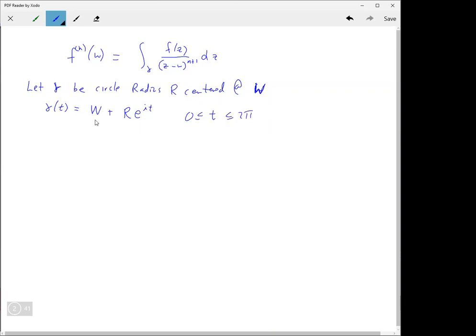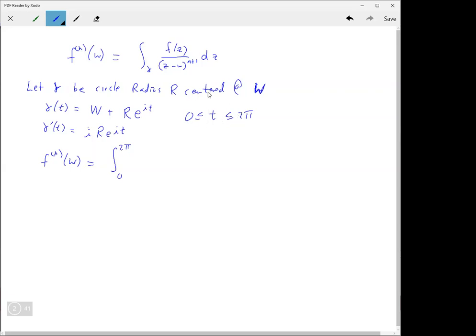If we do that parameterization, then gamma prime of t is going to be i r e to the i t. That's telling us the nth derivative at w is going to be, using the definition of the integral, from 0 to 2 pi.